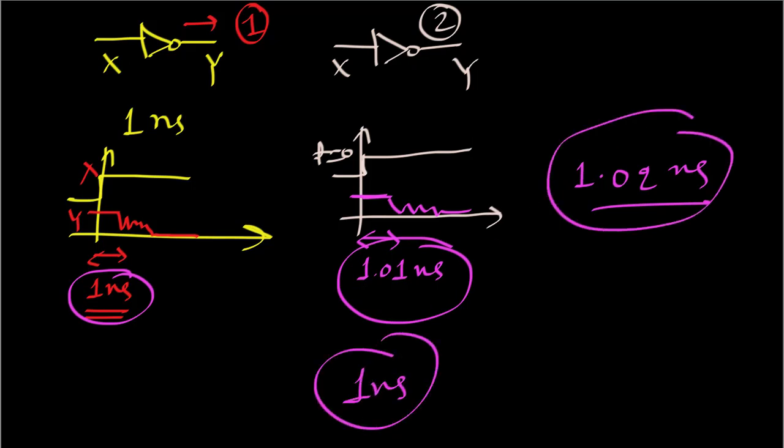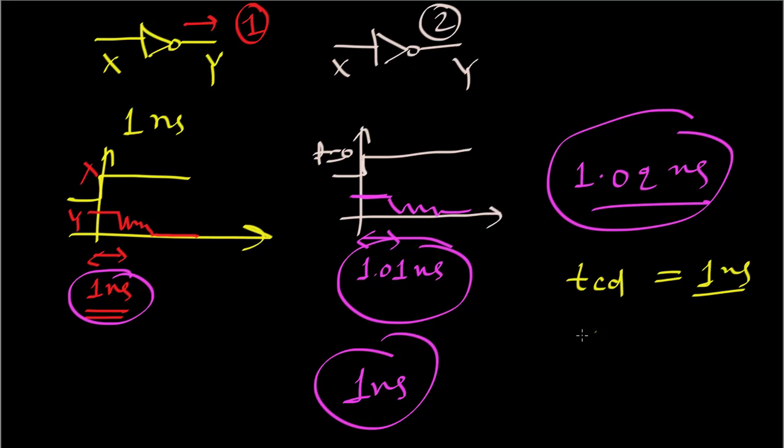So the manufacturer will say, see, the TCD for this NOT gate is 1 nanosecond. That means the minimum time which the NOT gate will take is 1 nanosecond. After that only the output will start changing. So now that means that some NOT gate might take 1 nanosecond or 1.02 nanosecond.